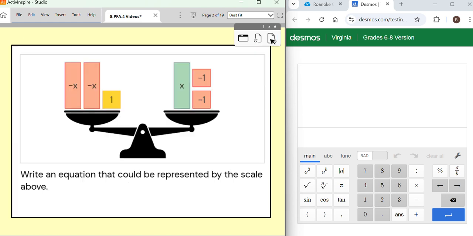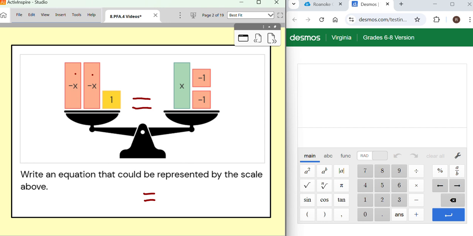All right, the next one we have is write an equation that could be represented by the scale above. First things first, when that scale is balanced, there is an equal sign in between the two parts. Okay, because that's what equal means, exactly the same or balanced. So let's start on the left.